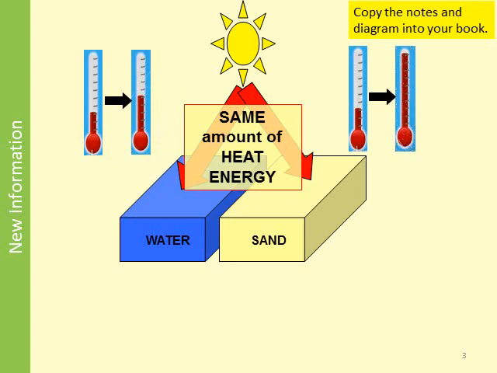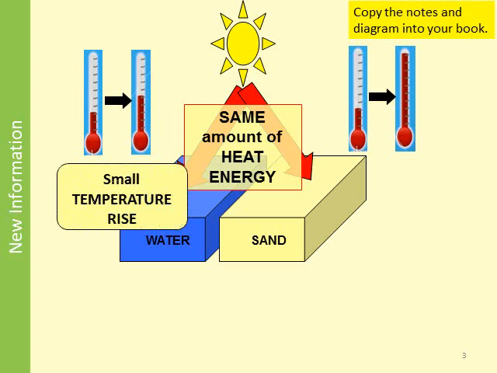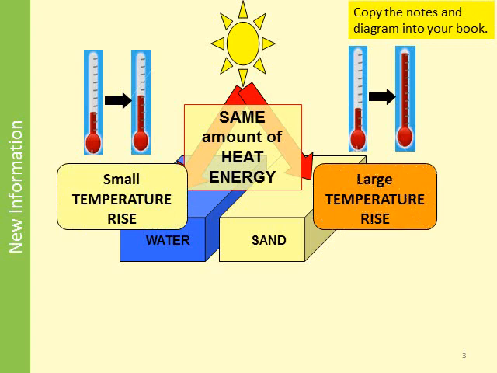And for the sand, as you can see here, it's a higher temperature rise. So water has a smaller temperature rise, so it's cooler, and the sand has a larger temperature rise, so it is warmer.